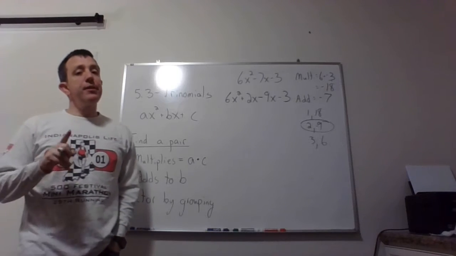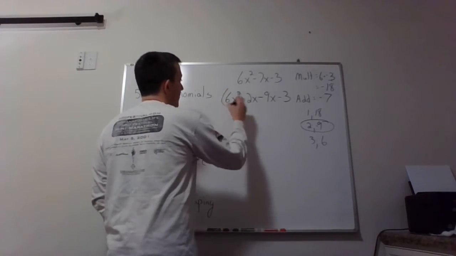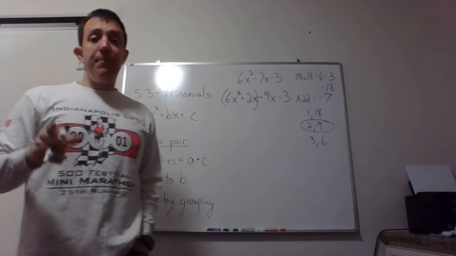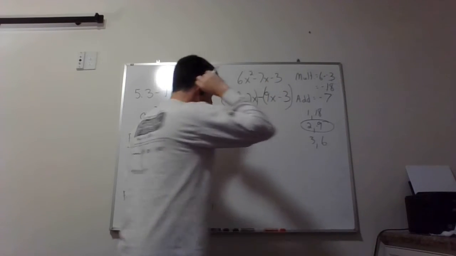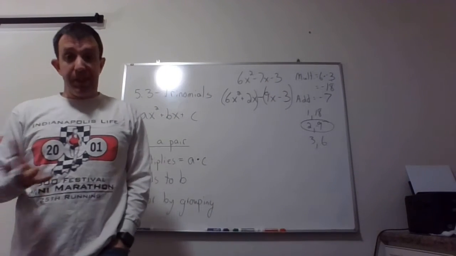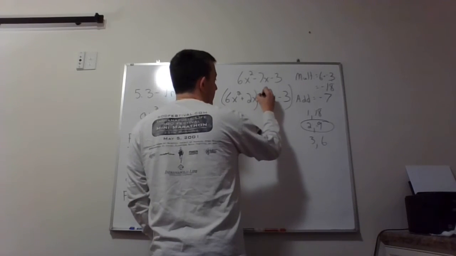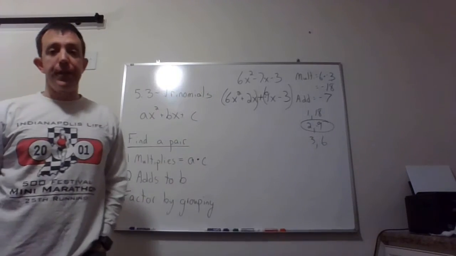Now I do need to be a little bit careful when I do the grouping. I put a set of parentheses around the first pair, but notice I have a negative 9x. If I just put the parentheses around the 9x minus 3, that's going to be bad because we just lost that negative sign. So instead, make that an addition sign and tuck that negative inside with the 9. That would be really good here.